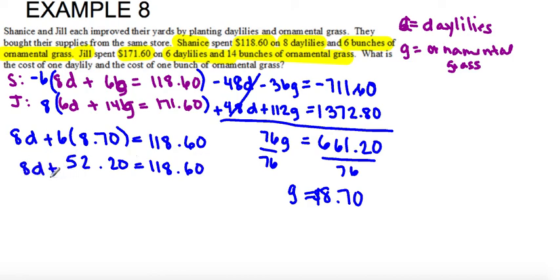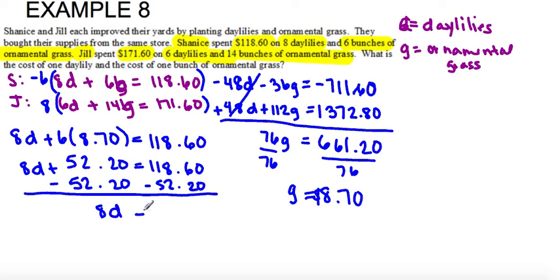So I have to get D by itself, so I subtract 52.20 on both sides. So 8D comes down, and then I have to subtract 118.60 minus 52.20.